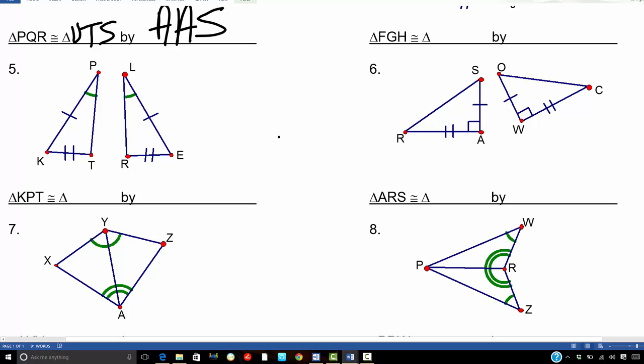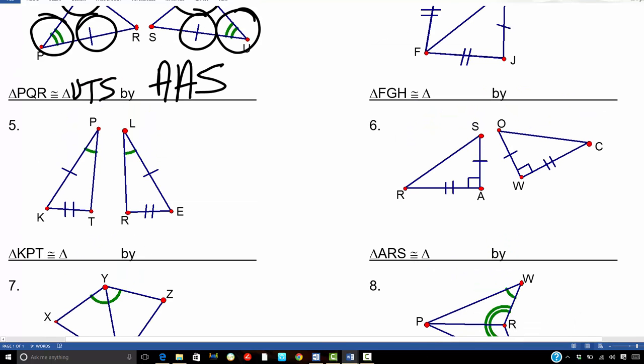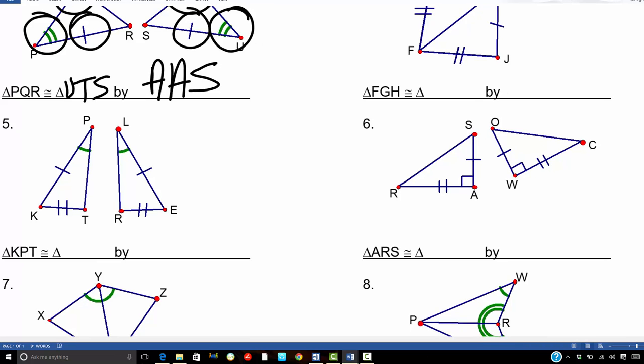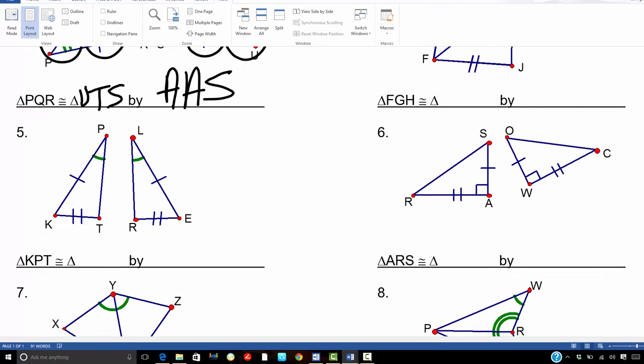Number 5, these are not right triangles. They look sort of like right triangles because angle T and angle R look like they're right angles. But again, we can't assume that. So since we can't assume that, the only information we have is we have an angle and we have 2 sides.